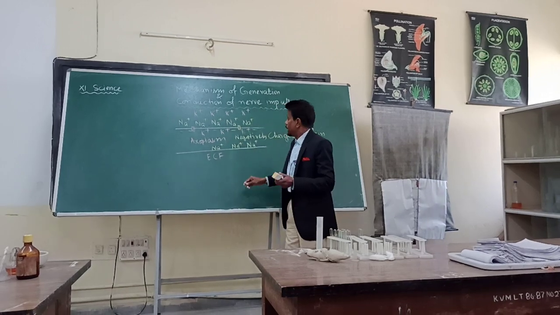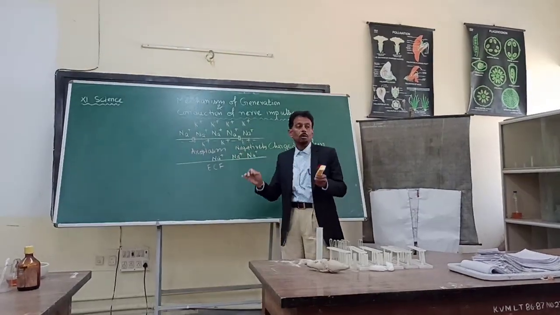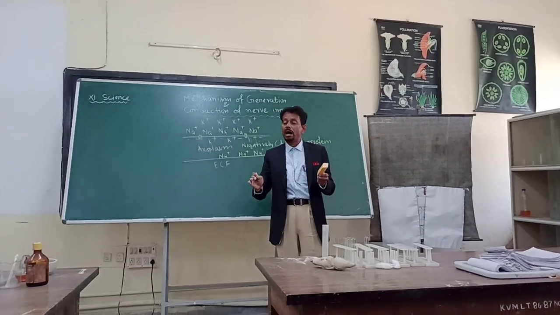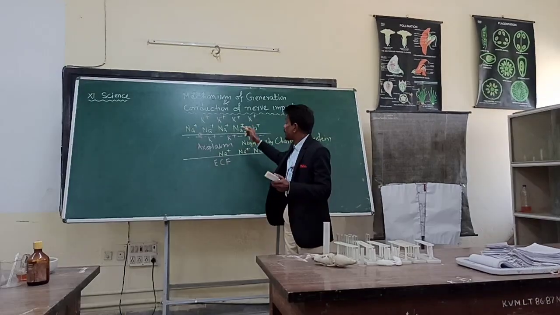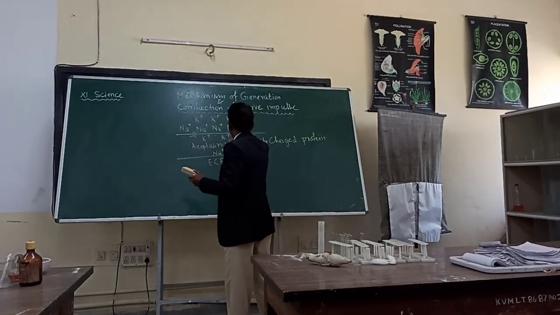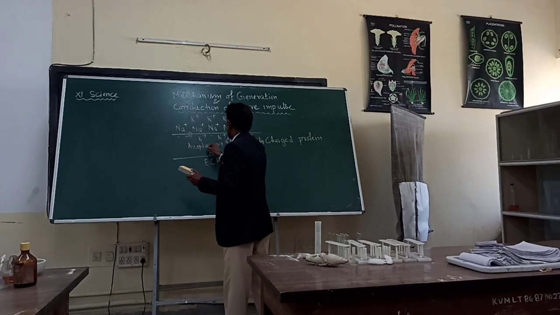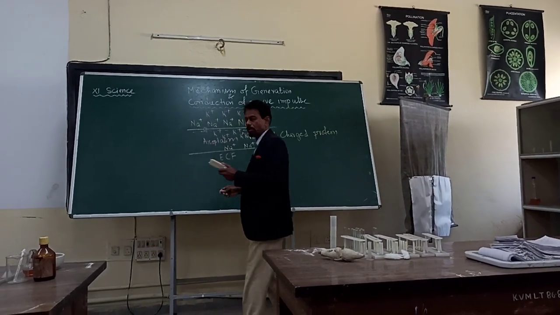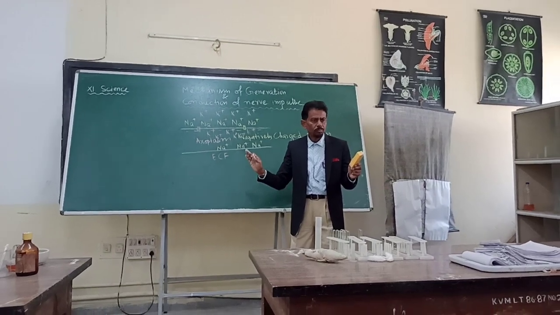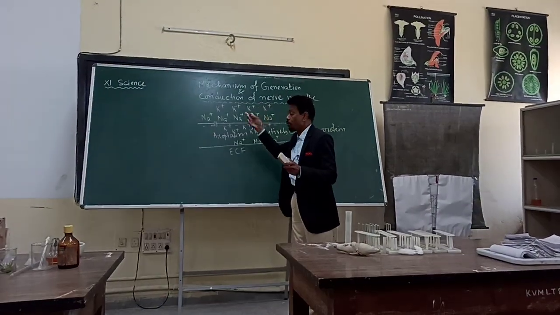Now, through these channels, potassium ions are more coming from outside to inside. So there are more potassium ions inside. Is it clear to you? Then what is more outside? Sodium ion. Why?